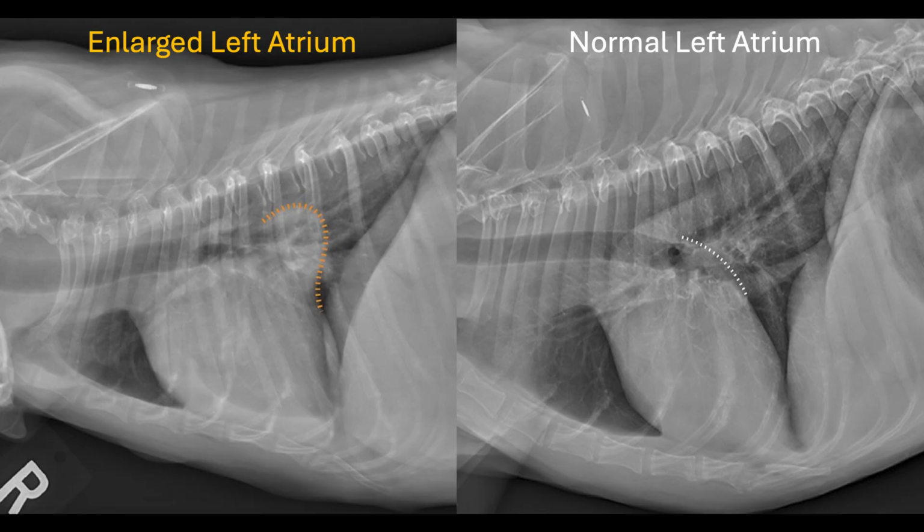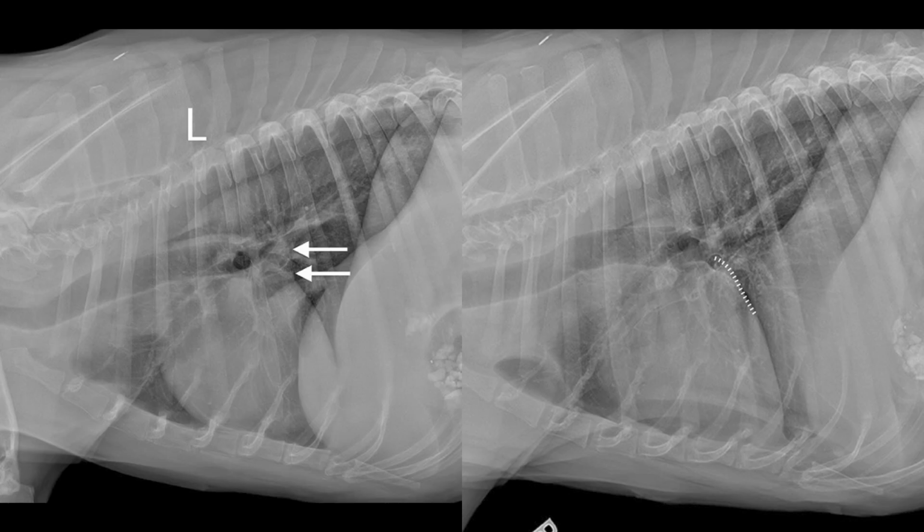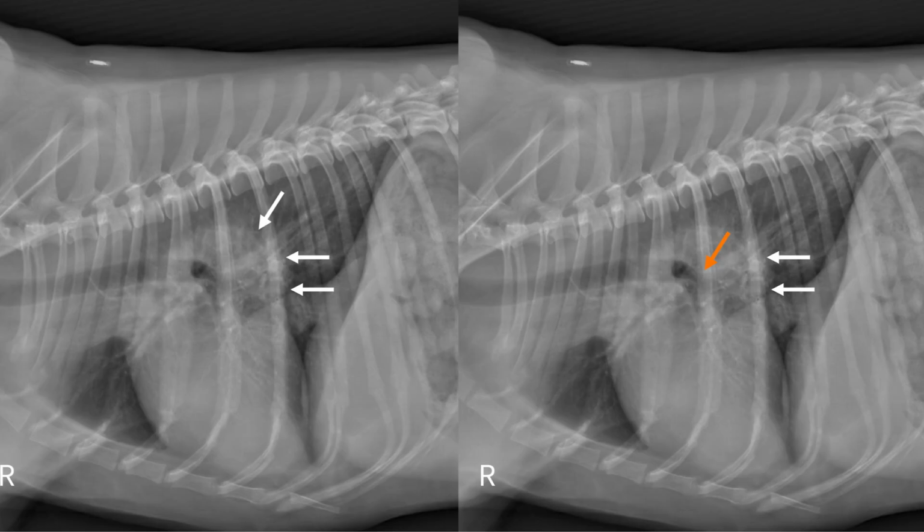This is further supported by abaxial displacement of the caudal mainstem bronchi on the ventrodorsal view and double opacity between these mainstem bronchi. Some pitfalls that may lead to false identification of left atrial enlargement include mistaking insertion of the pulmonary vein at the left atrium for pathologic straightening of the caudodorsal margin due to left atrial enlargement, and mistaking tracheobronchial lymphadenopathy for left atrial enlargement.